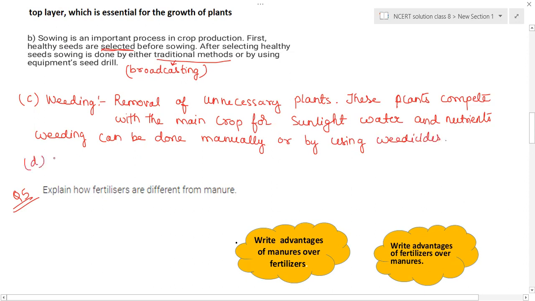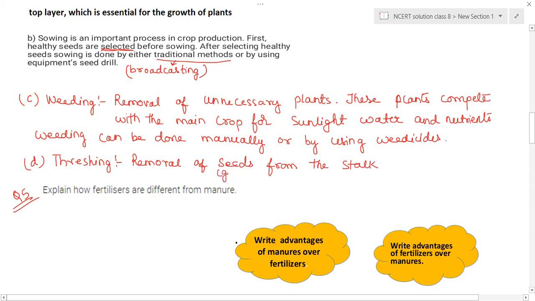The D option is threshing. Threshing is removal of seeds, the harvest, the actual product, the removal of seeds from the stalk.